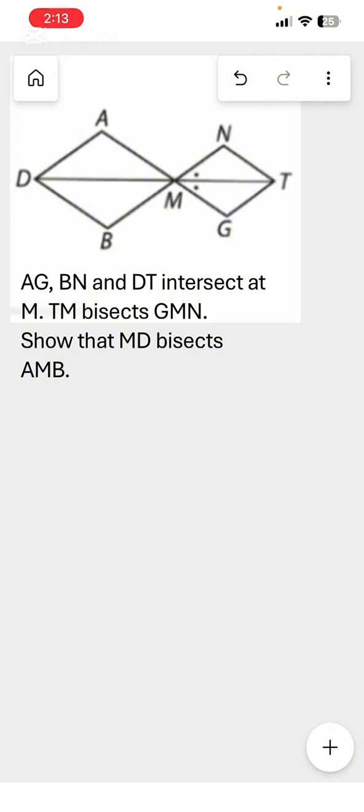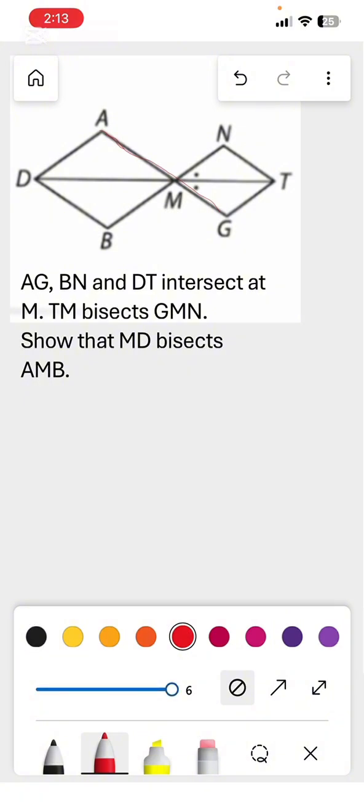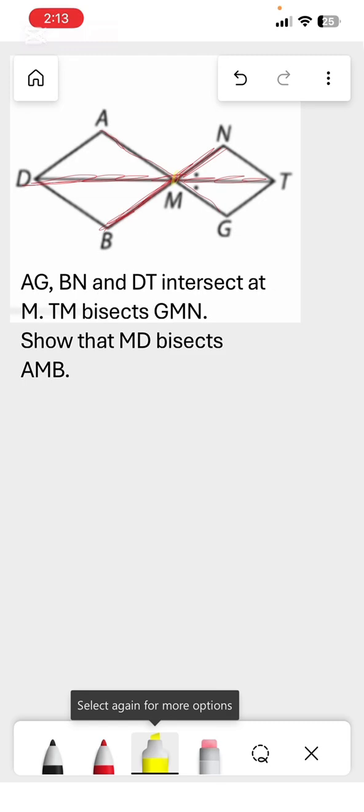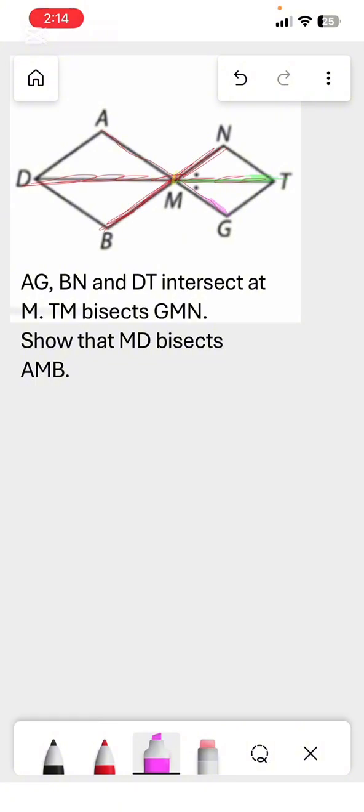In the figure, AG, this line, and also BN, and also DT, intersect at M. As you can see, the intersection is point M, and they cut each other at point M. TM, the green line, bisects GMN.